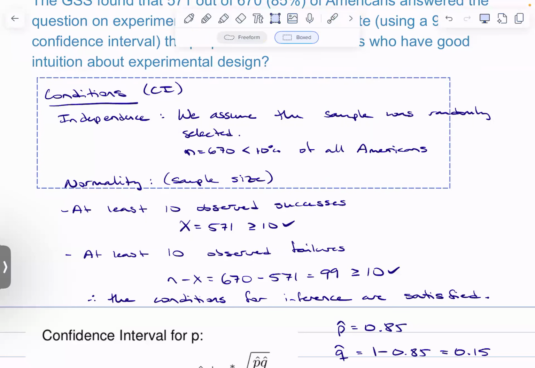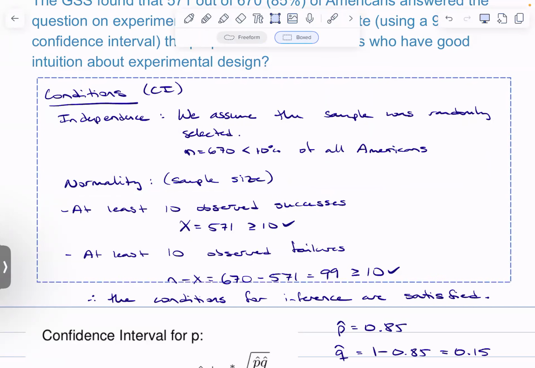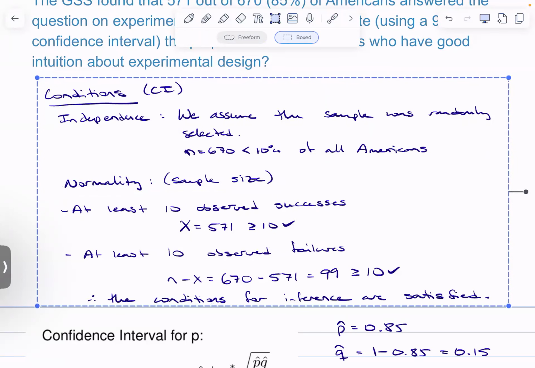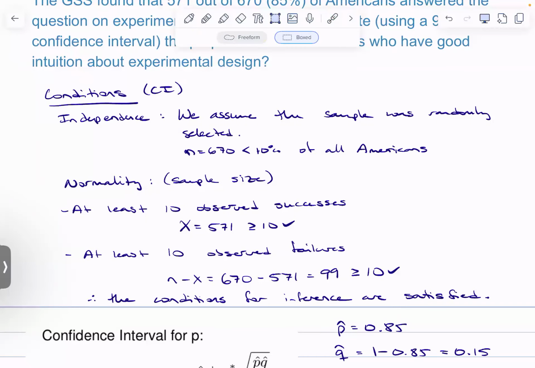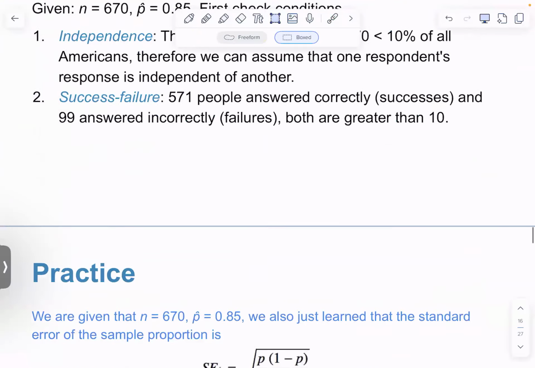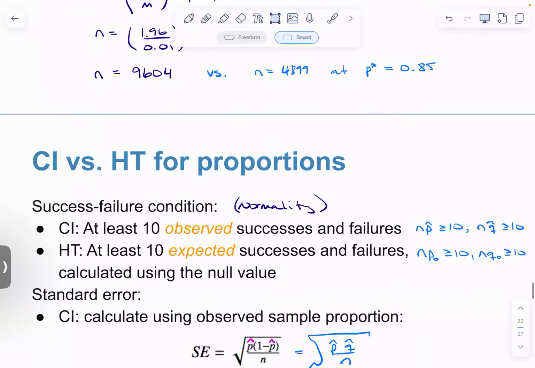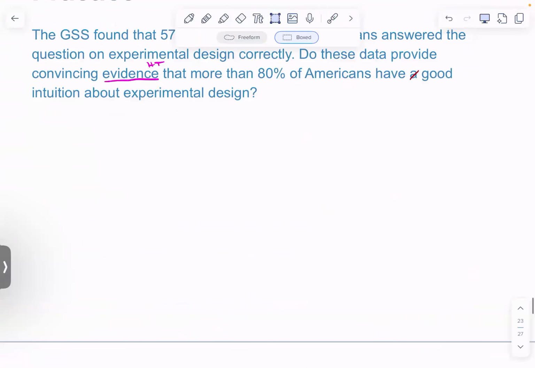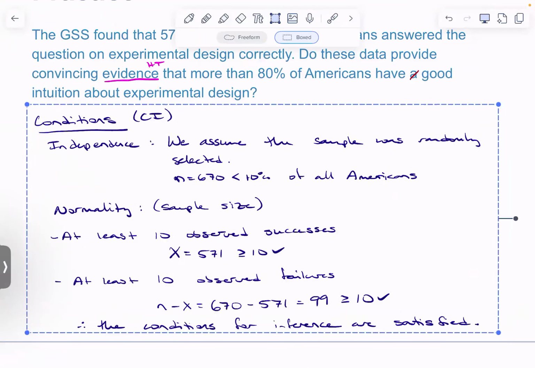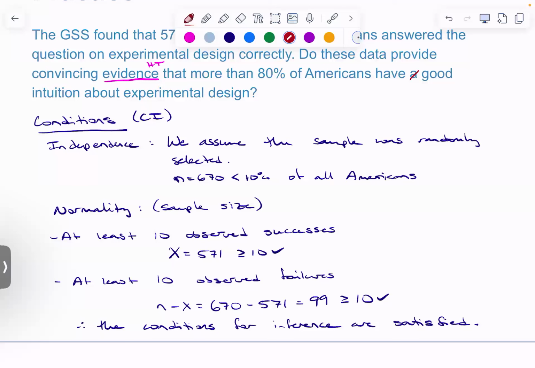So I'm going to snag this whole thing because it's going to be very similar, but I also want to highlight what the differences are. So now I'm going to do it for a hypothesis test. These are the same as the confidence interval.